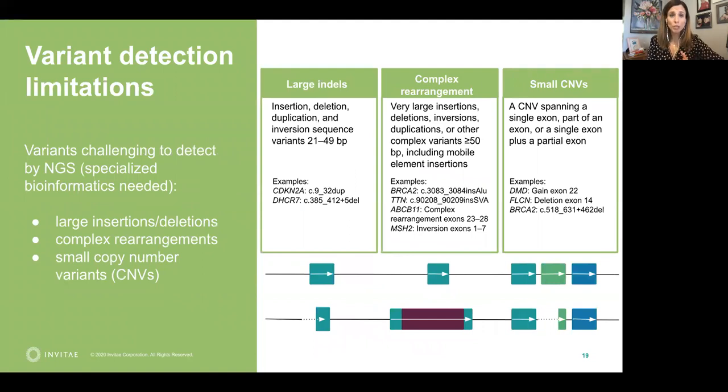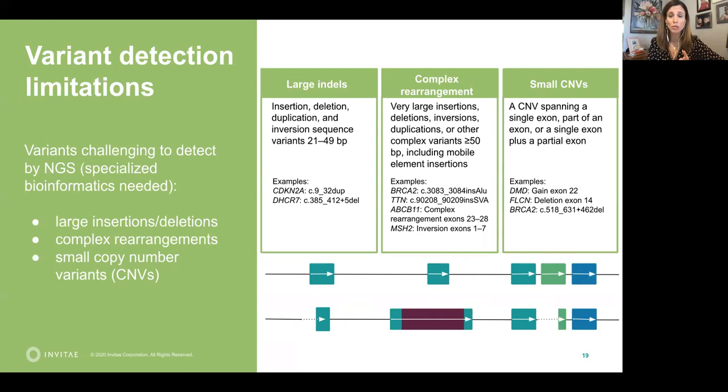There are some limitations, though, of next generation sequencing technology, and that is when we start to look at larger rearrangements. So large indels of 21 to less than 50 base pairs can sometimes challenge next generation sequencing technology.